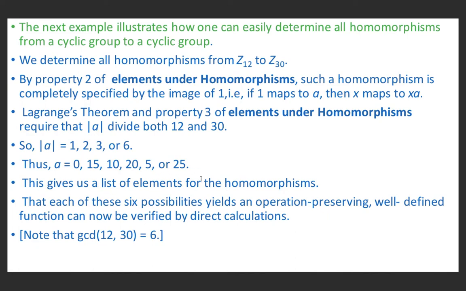This gives us the list of elements of homomorphism. Each of these 6 possibilities yields an operation-preserving well-defined function, which can be verified by direct calculation. We know that the greatest common divisor of 12 and 30 is 6.